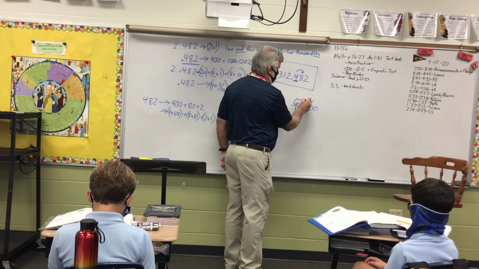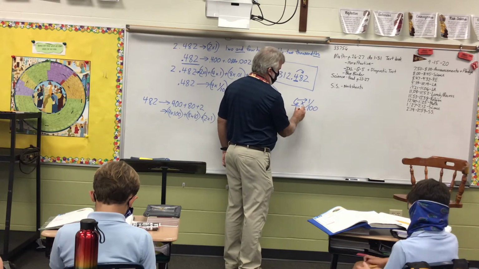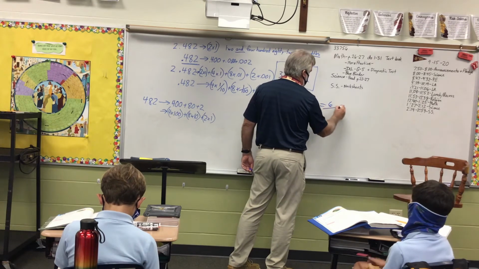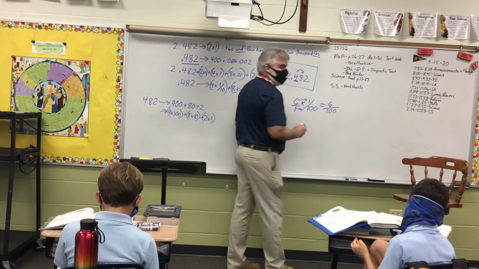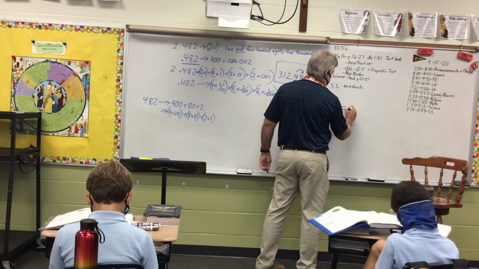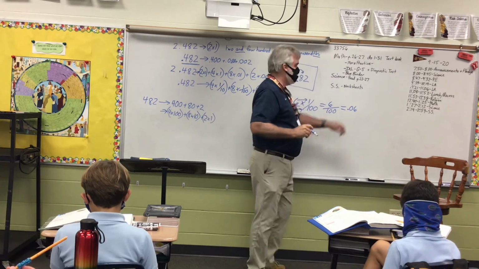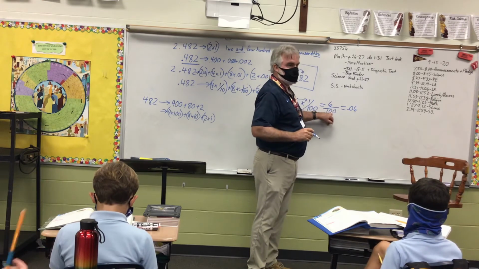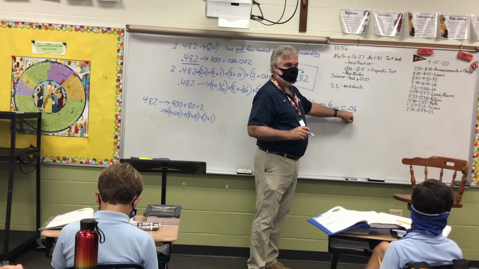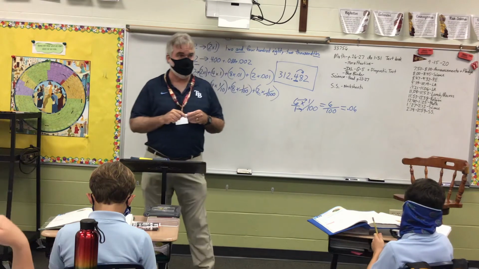Straight across is 6 times 1, 1 times 100. That's going to equal 6 100ths, which is, as a decimal, 0.06. Because the 6 is now in the hundredths spot. If you put 0.6, that would be 6/10. Okay? Liam? Does that make sense?